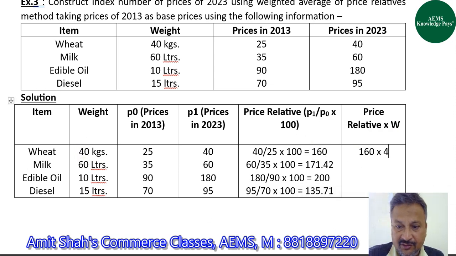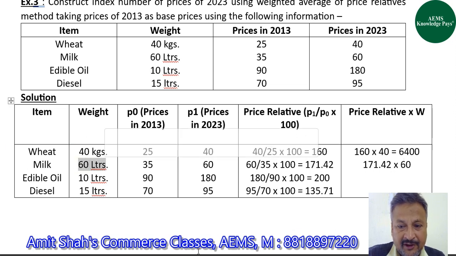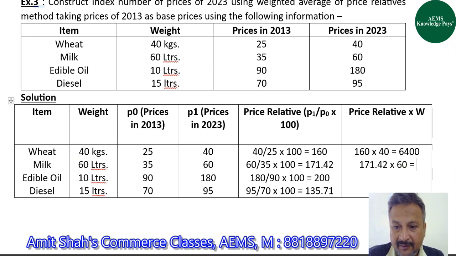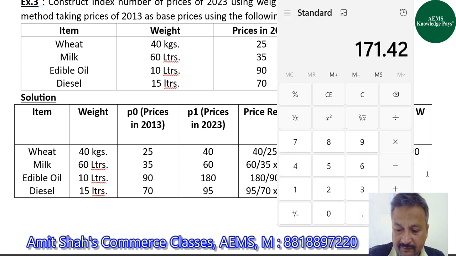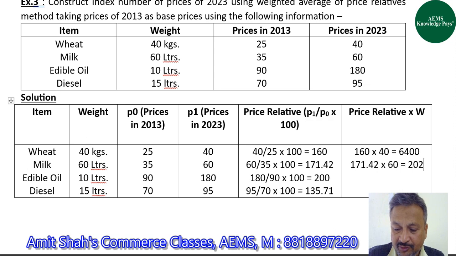So 160 into 40 is equal to 6400. 171.42 into 60. The 60, the weight I have taken from here, that is 10285.2.